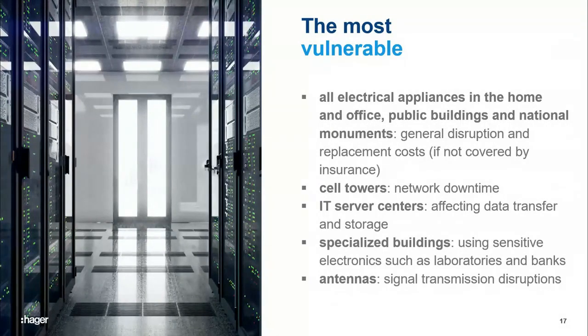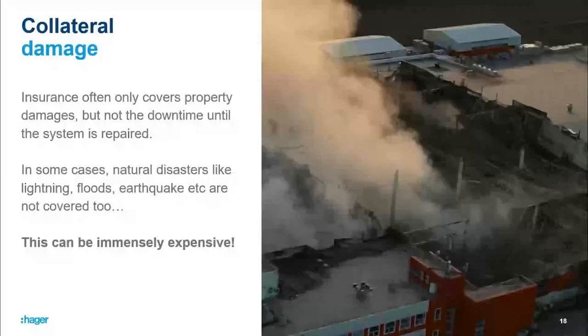Everything will face damages. But the worst thing is, insurance often only covers property damages, but not the downtime. And this is very important to know. In some cases, natural disasters like lightning, floods, earthquakes, etc. are not covered too. So the impact and the consequences can be extremely expensive.